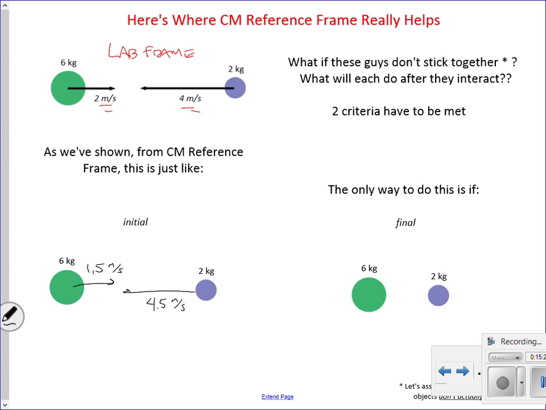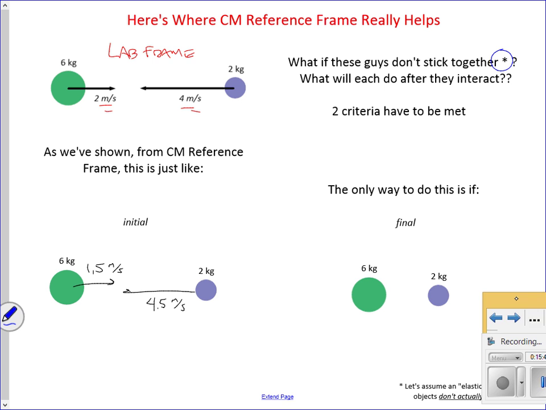And that special situation is, I've used the idea of hit and stick, the inelastic collision, as a way to justify what the system does afterwards. But what we want to be able to do is talk about, what if they don't hit and stick? And what if they really don't hit and stick?